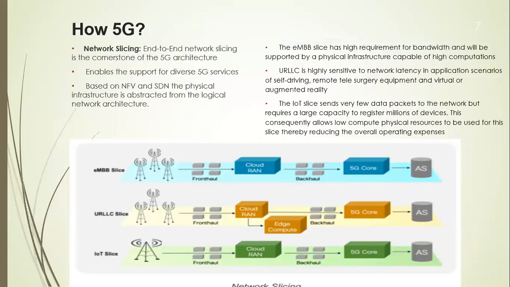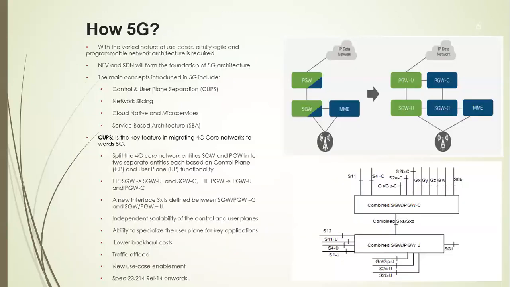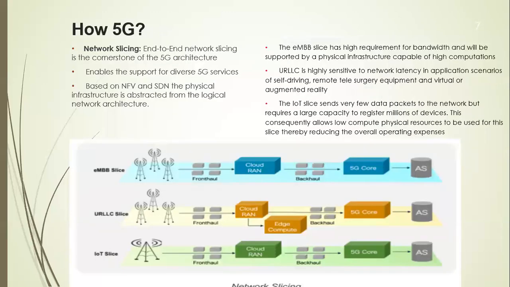So the second important concept in 5G networks is network slicing. What is network slicing? In the same network, you divide the network entities into multiple categories, multiple subnetworks. And each subnetwork is specific to one particular service and one kind of subscriber set.